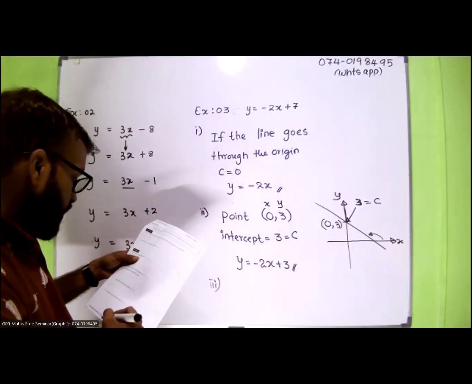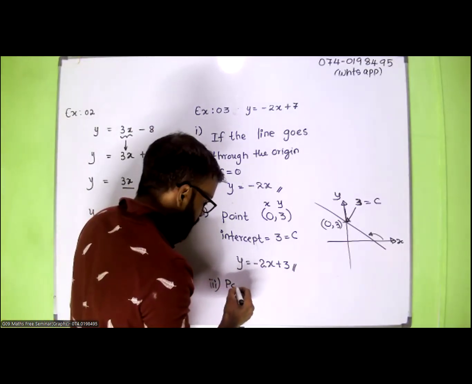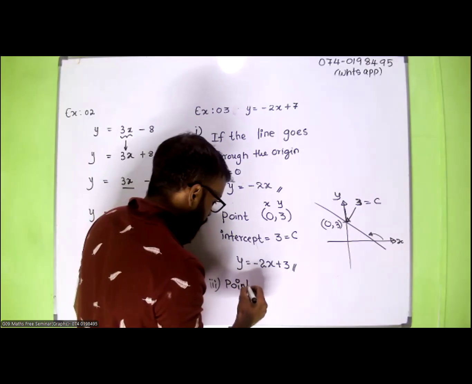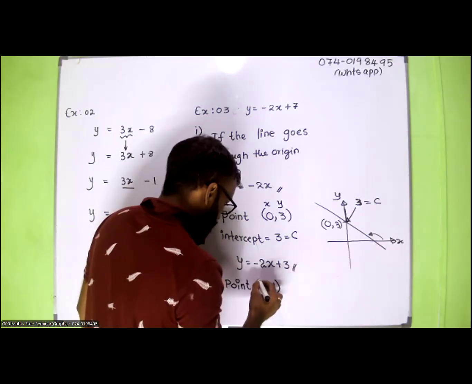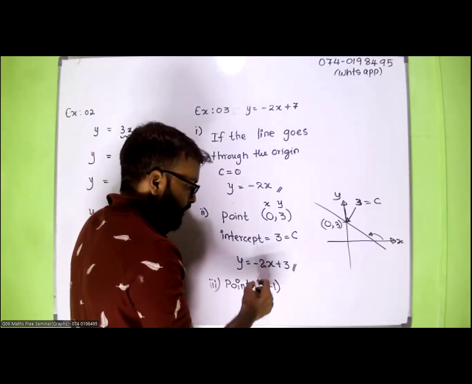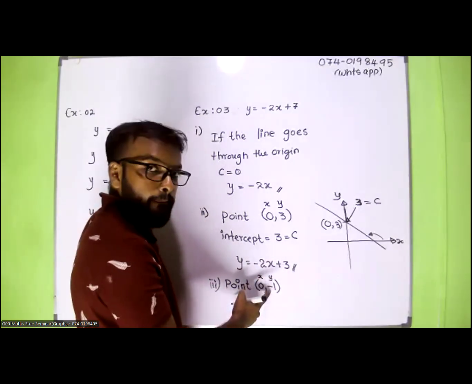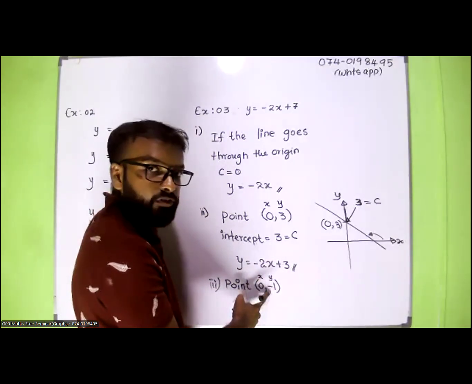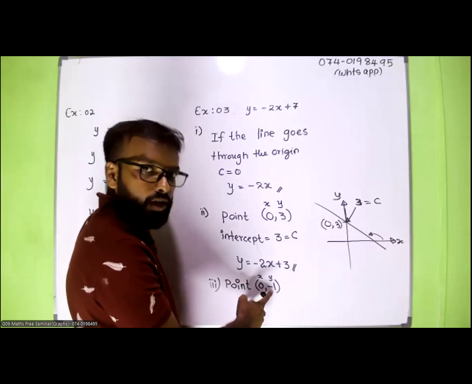So the third one: the graph line goes through the point (0, -1). The point is given. By looking at this, this is the x coordinate and this is the y coordinate, so the y axis intersects at -1.